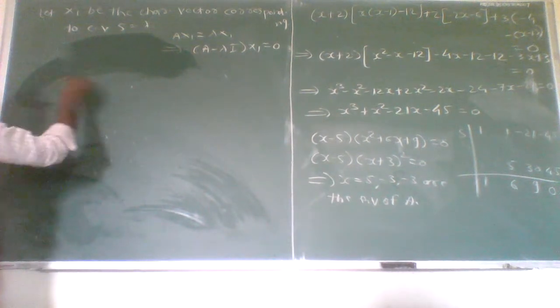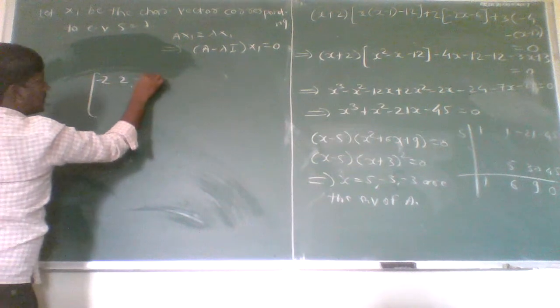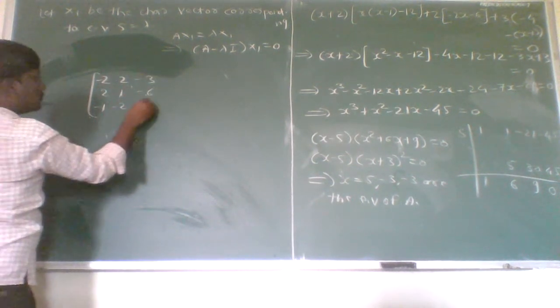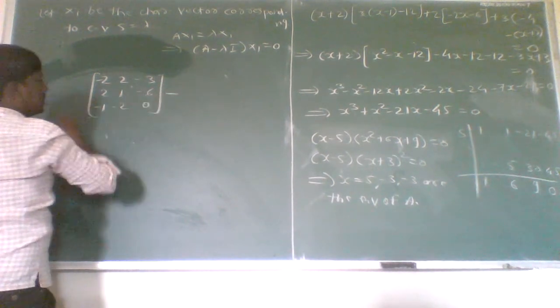But here A is nothing but minus 2, 2, minus 3, 2, 1, minus 6, minus 1, minus 2, 0, minus lambda.